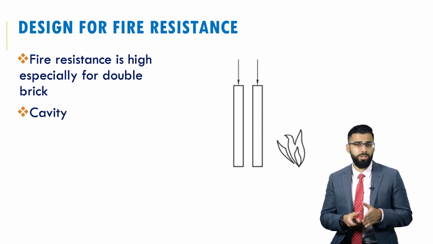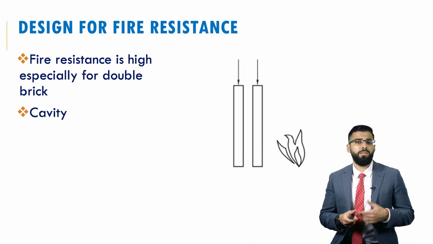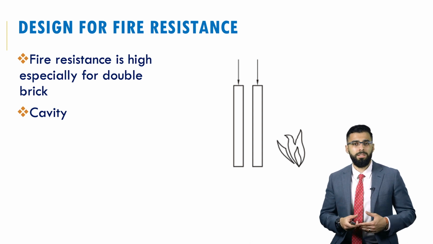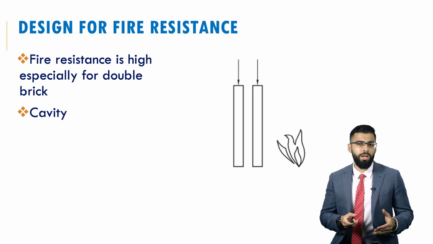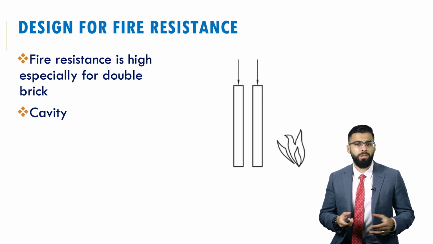So that cavity, as you can see in the image in front of you, has the advantage of acting as sort of an insulator when it comes to fire. At the same time, you can utilize that space to, for instance, add an insulating material to ensure thermal comfort in cold climates.